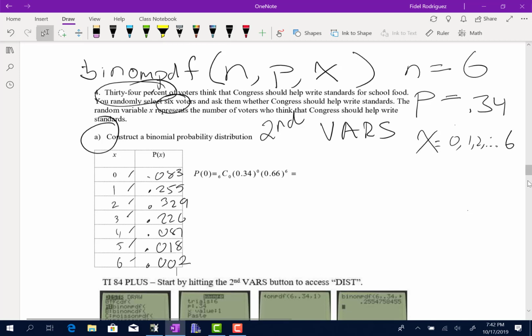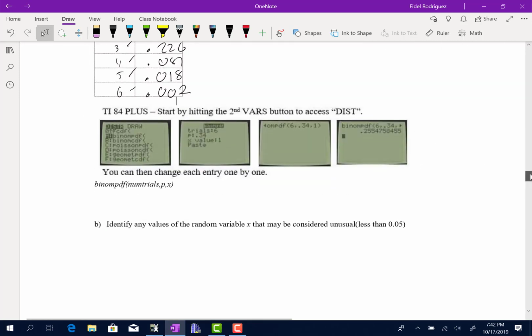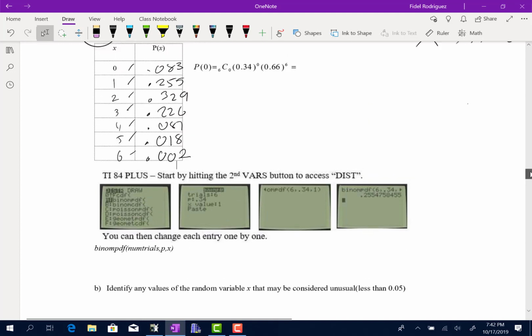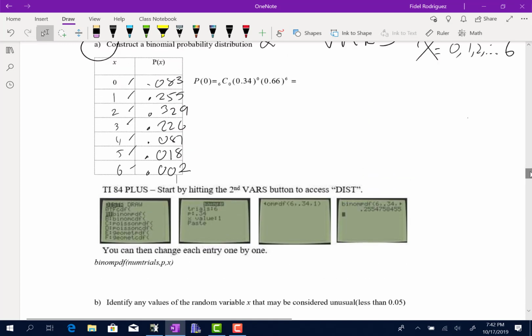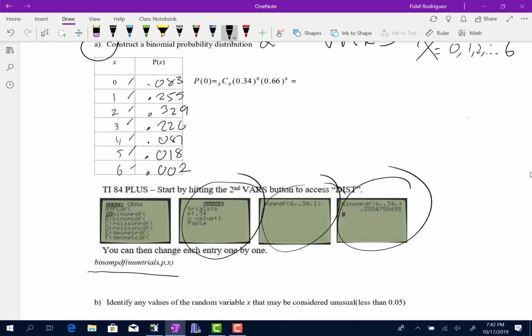Now, if I scroll down a little bit further, number 1, just to give you a heads up, there's your binomial PDF. Those of you who have newer calculators, look right here. Isn't it doing it the same way yours is?